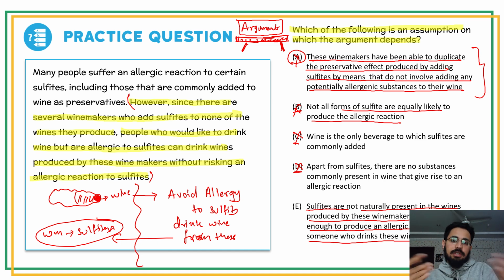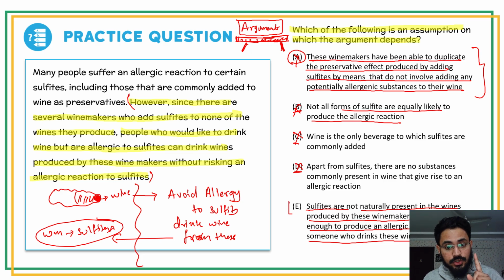Because I was trying to save you from sulfite allergy, which you might get because people mix sulfite in wine, right? So I was trying to redirect you towards winemakers who are not adding it. But if your reply is, sulfites are naturally present in wine in amounts large enough to cause an allergic reaction, right? My argument falls down.